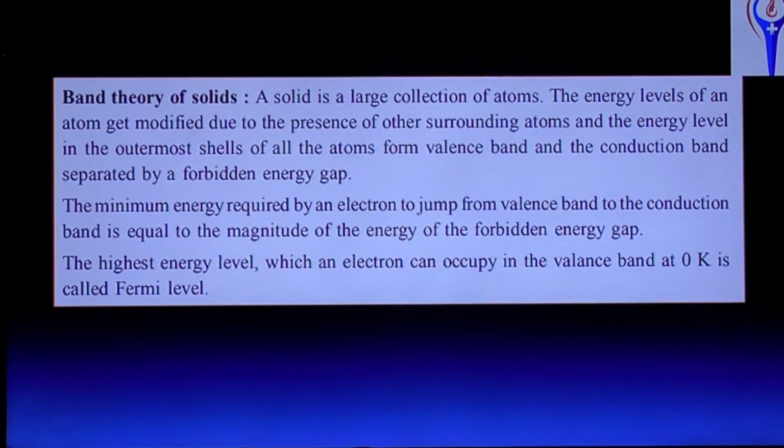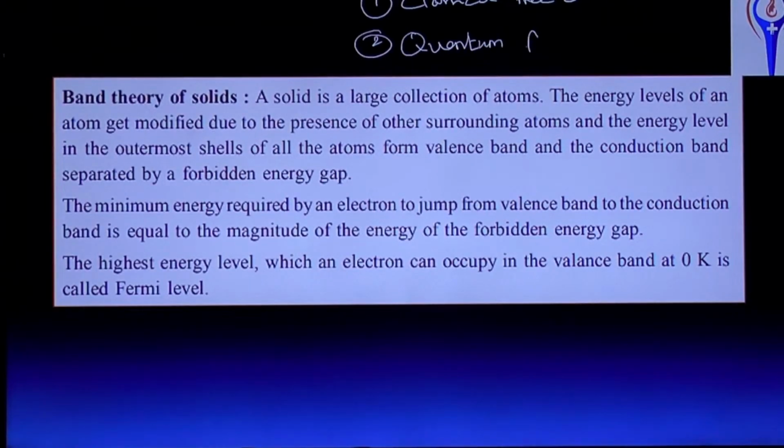Band theory of solids. Just like the theories of light we studied, corpuscular theory, wave theory, electromagnetic theory, dual theory, here also different theories are there. The first one is the classical free electron theory. The second one is the quantum free electron theory.